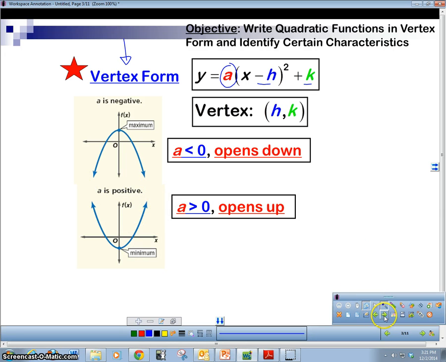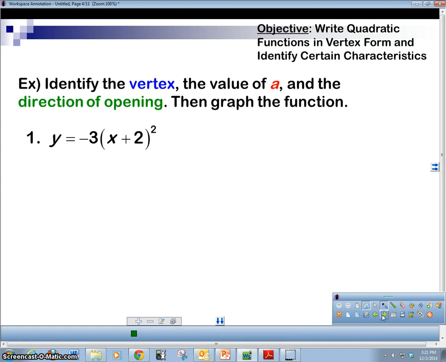All right, so let's take a look at some examples here. Let's identify the vertex. First, in order to do this, we need to make sure we know what form this is. So this right here is going to be vertex form, and I'm going to add a little plus 0 here.